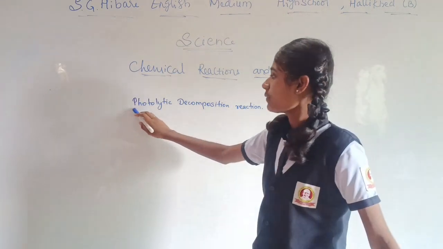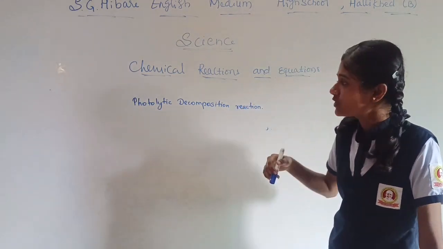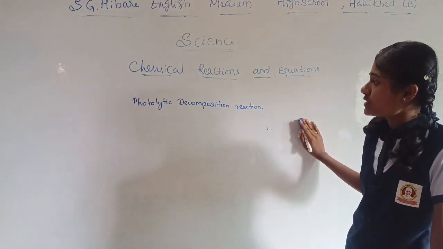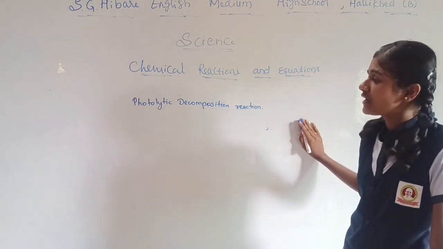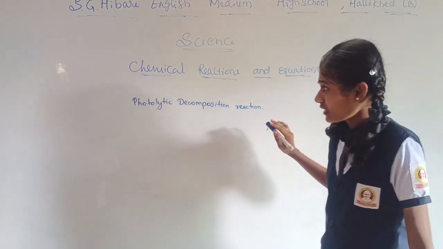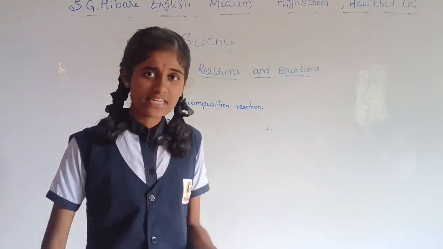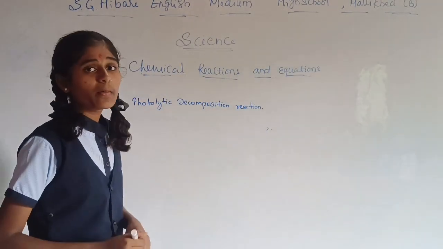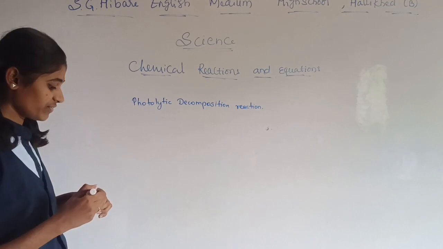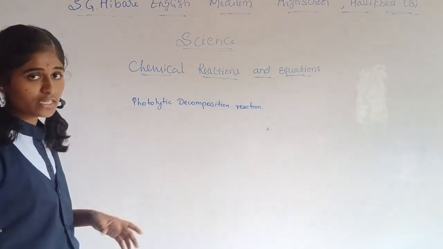As we know, photo means sunlight. So the decomposition process is done here using the energy from the sunlight. No heat is required here, no electricity, nothing. Just keeping it in the sunlight, we can decompose the compounds.